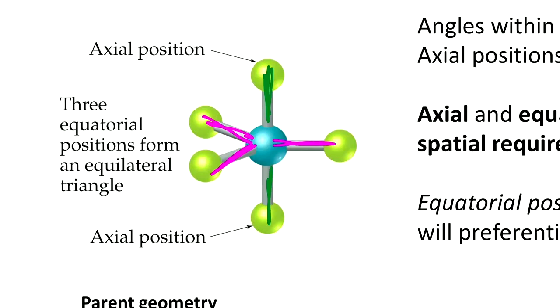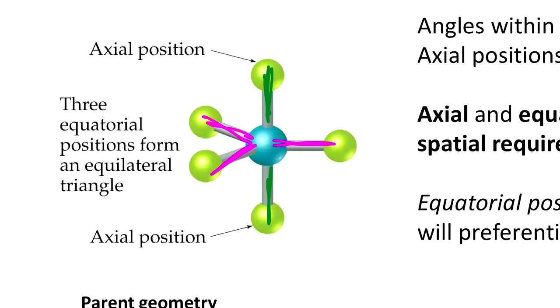So like the axial position. This red atom, that's the axial position. If you think about its nearest neighbors, this atom has 3 other atoms that are 90 degrees away from it. Okay, the axial atom.